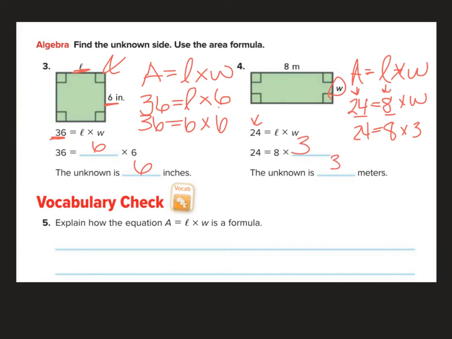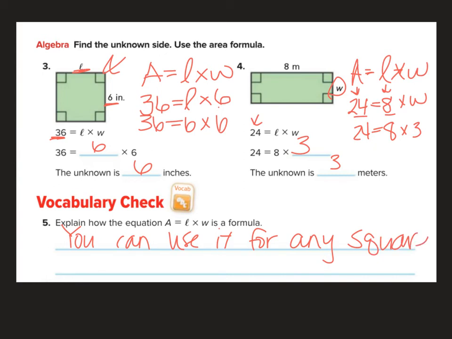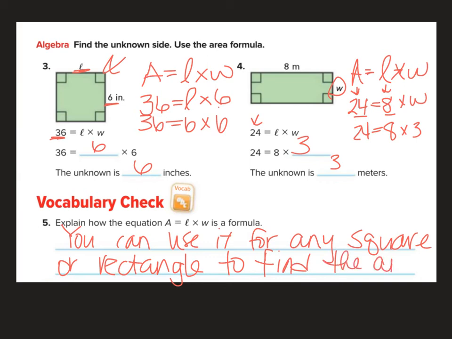Explain how the equation A equals L times W is a formula. It is a formula because you can use it for any square or rectangle to find the area.